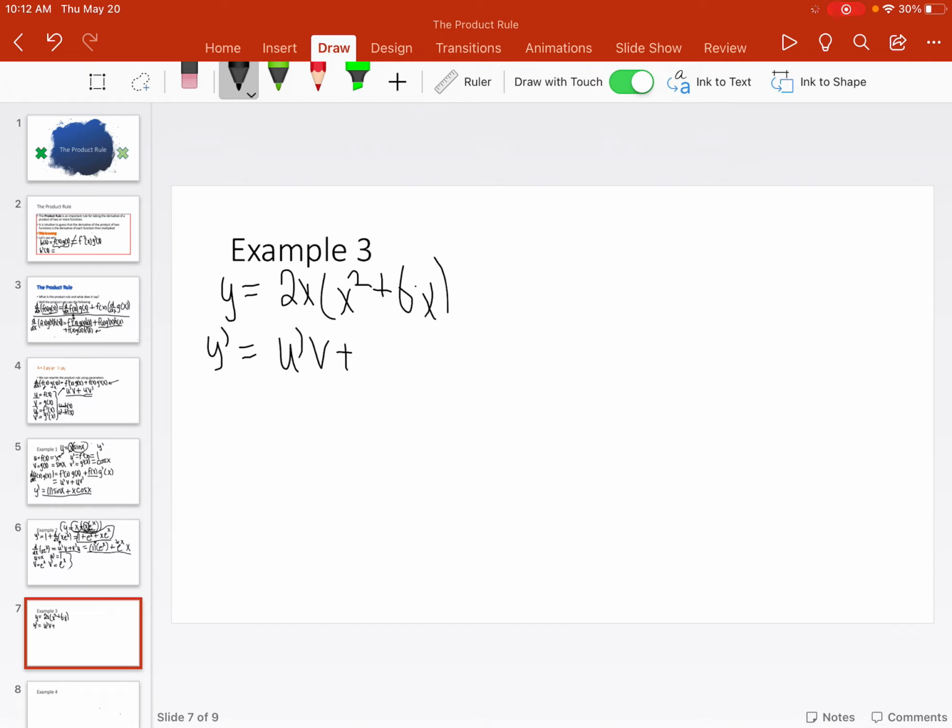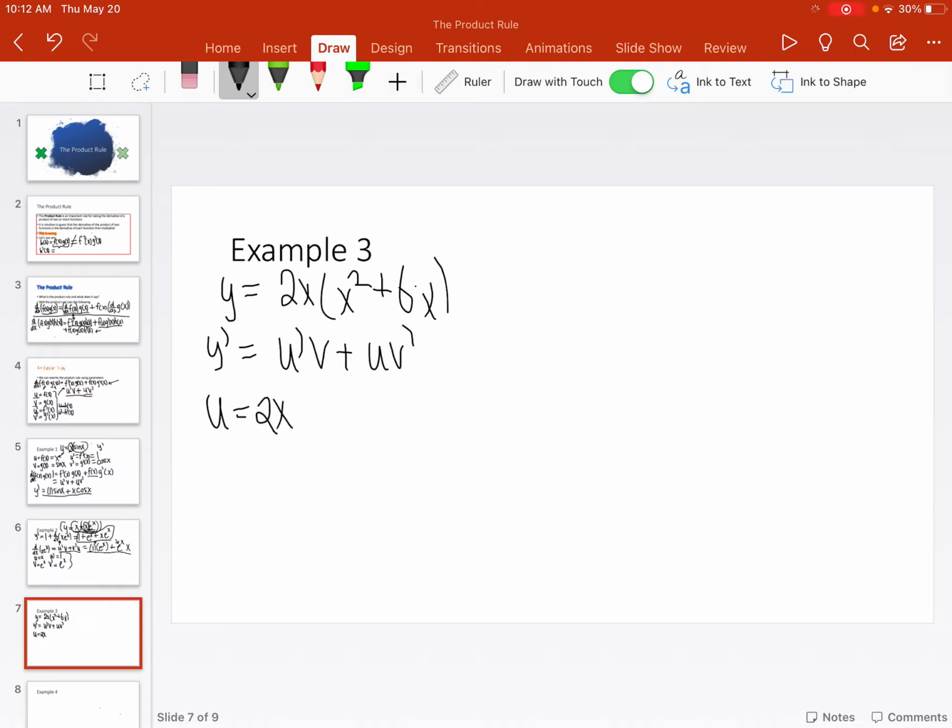U prime v plus u v prime. I know in my last question I did v prime u. Doesn't matter, right? 2 times 3 is equal to 3 times 2, so the order doesn't matter. So there we go. We got y prime is equal to u prime v plus u v prime in this case. So, let's assign our parameters. Let's say u is equal to 2x.